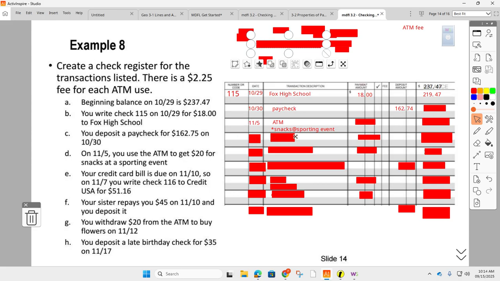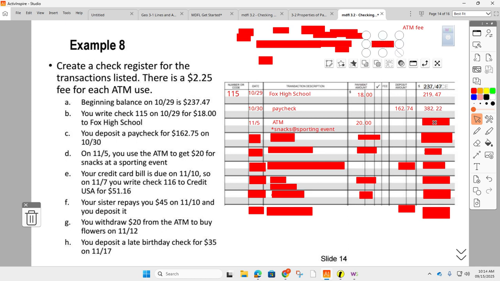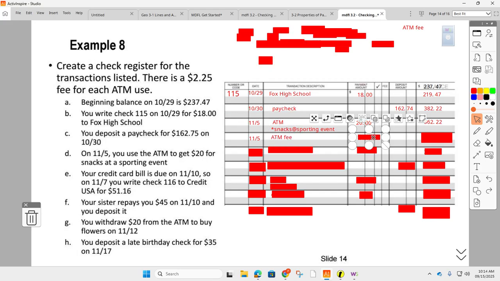And $20 withdrawn. I forgot to cover my balance here. So for every line, you're doing your balance. So after the $20 ATM withdrawal, that's your balance, so we can't forget. The same day we make the ATM withdrawal, we have to remind ourselves that they are going to deduct that $2.25 fee. So we subtract that from our running balance as well.